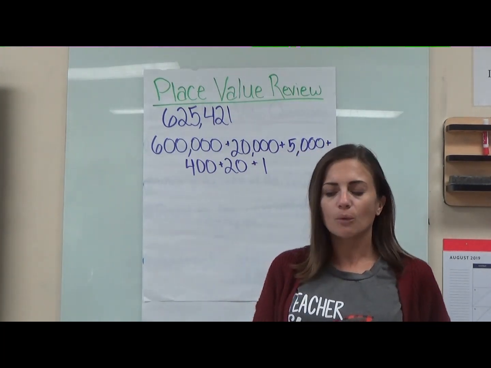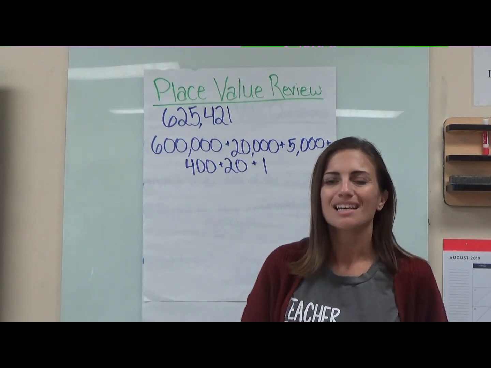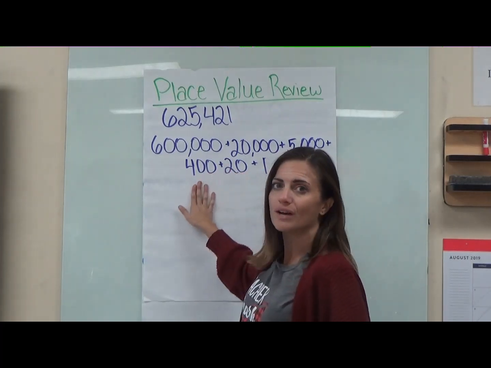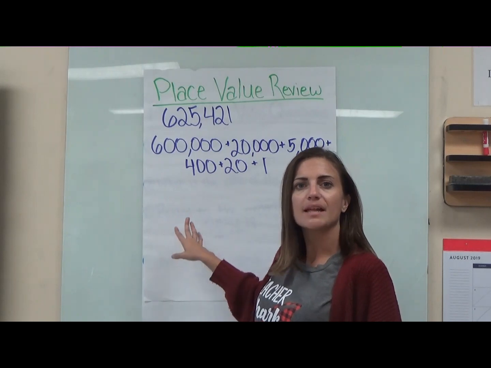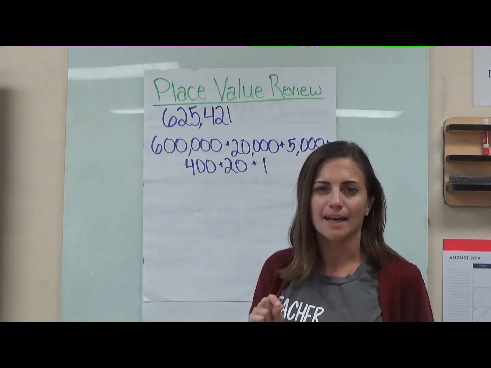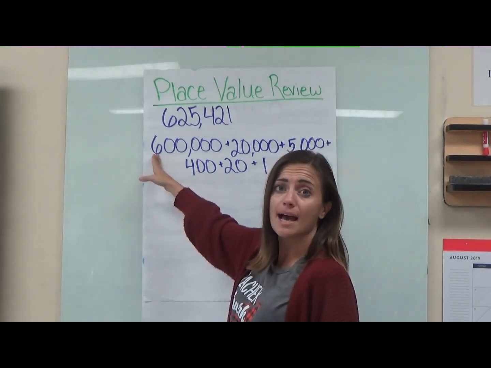The one thing that we have to keep an eye open for is expanded form zeros. Zeros can get really sneaky because notice there are zeros at the end of each of our values. And we want to make sure it's the right number of zeros to represent the right value. So I would count to double check and make sure I didn't make any mistakes. So for example, this is my 100,000 spot.